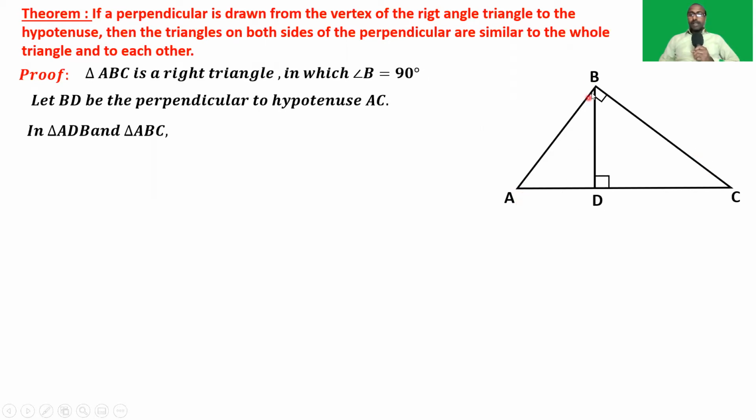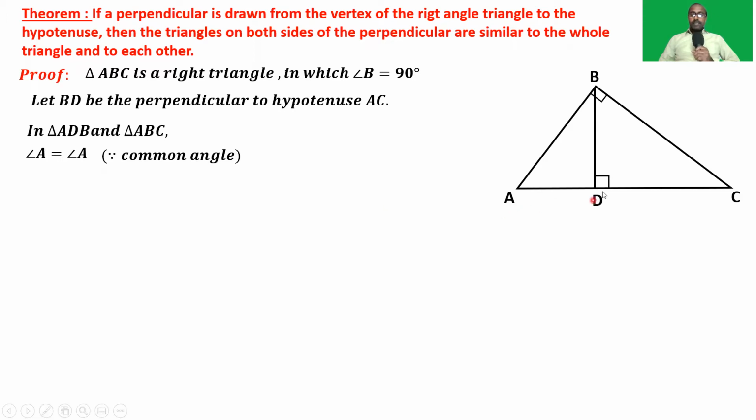One part of the triangle ABC is triangle ADB, and the whole triangle is ABC. By considering these two triangles, we can notice that angle A is the common angle in both the triangles. Isn't it? Angle A is the common angle.